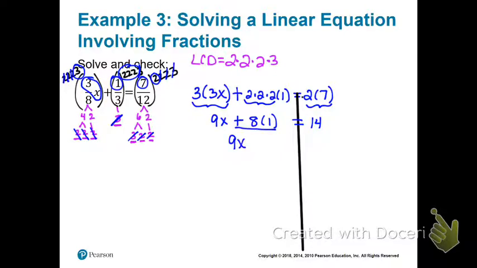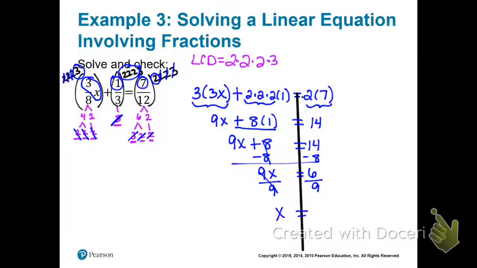Positive 8 times 1 is positive 8 equals 14. Now we got to get x by itself, so I need to get rid of that 8. It doesn't have an x, so it needs to go to the other side. It's a positive 8, so we're going to subtract it. And so we have 9x left on the left equals 14 minus 8 is 6 divided by 9 to get x by itself. And we get x equals 6 over 9.